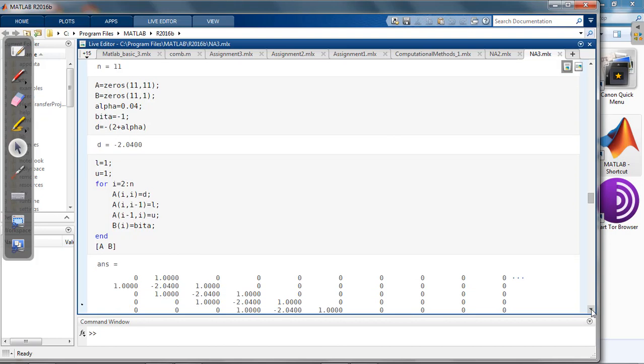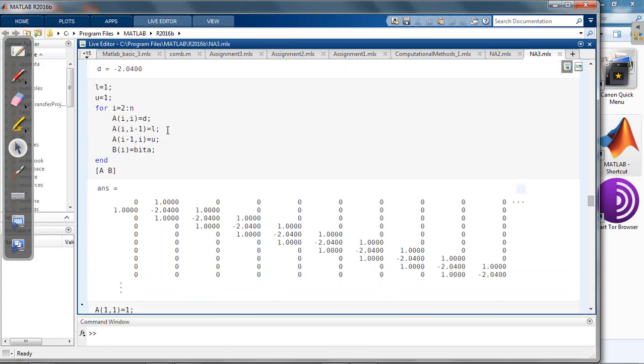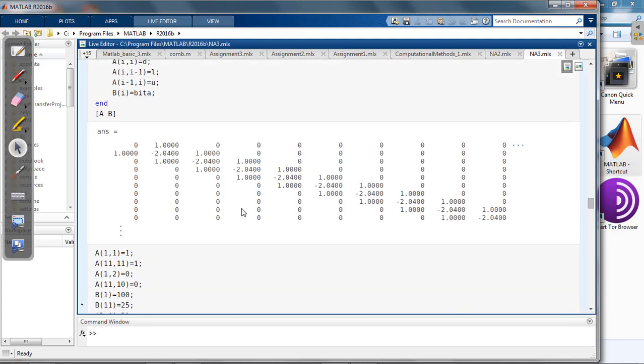Using that, with a for loop, this coefficient matrix is generated, and the augmented matrix AB is also created. But in this for loop, definitely some of the values are not actually in the correct position.